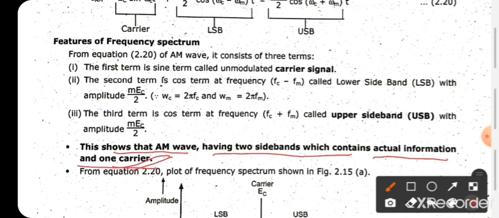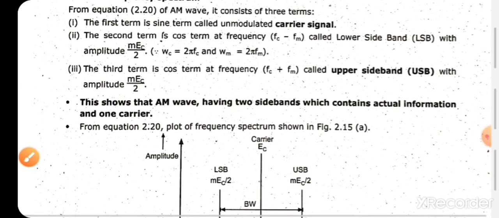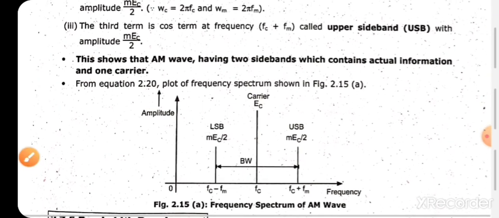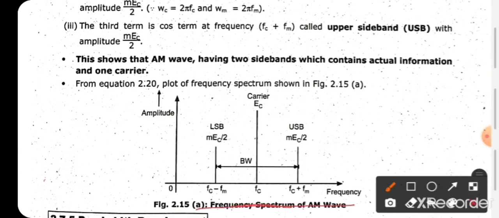Now from the equation, the frequency spectrum can be shown like this. This is the frequency spectrum of the amplitude modulated wave. This is the carrier signal EC, this one is the lower sideband signal and this one is the upper sideband signal. The amplitude of the carrier signal is EC, and the amplitude of the lower and upper sideband signals is m EC upon 2.